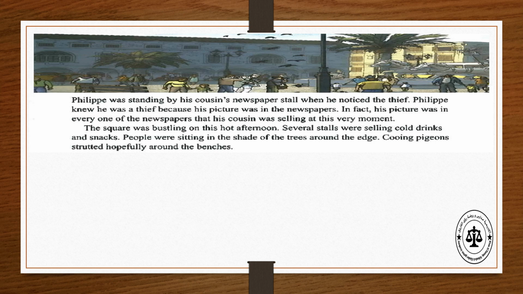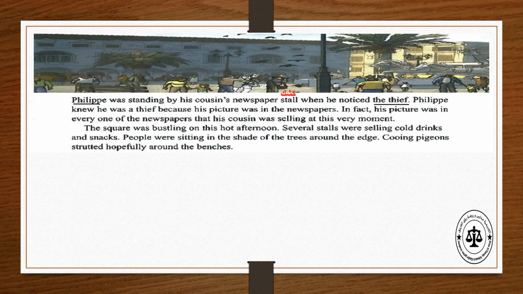So here we have the main character, called Philip. Where was he standing? Yes, he was standing by his cousin's newspaper stall. What did he notice? What did he see? Yes, he saw the thief.